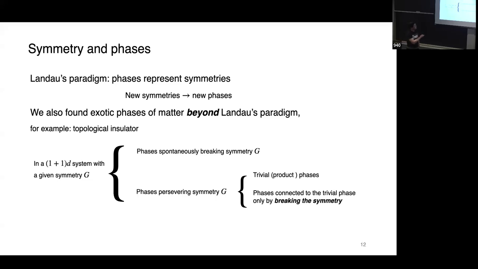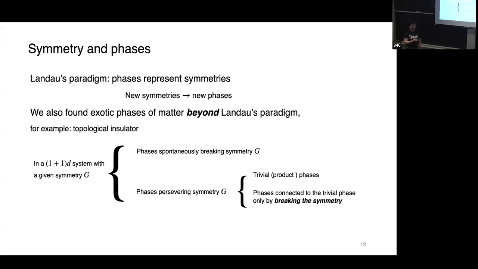But in phases preserving the symmetry G, there can be further classifications. There can be a trivial phase, or there can be some non-trivial phase that cannot be connected to the trivial phase. If you consider the symmetry, these phases are different.